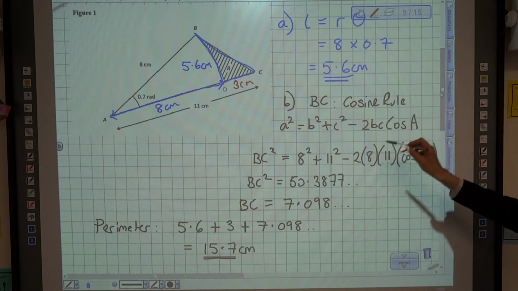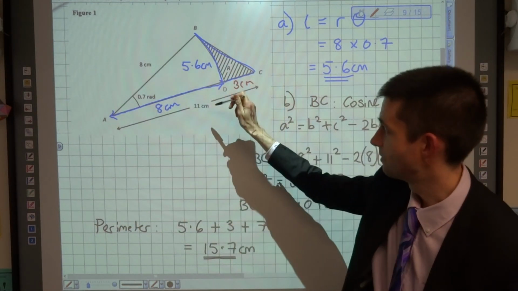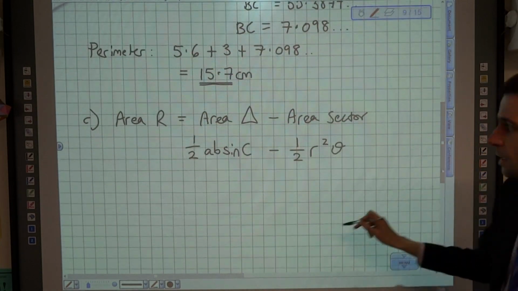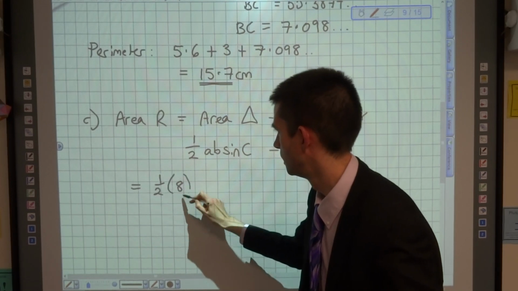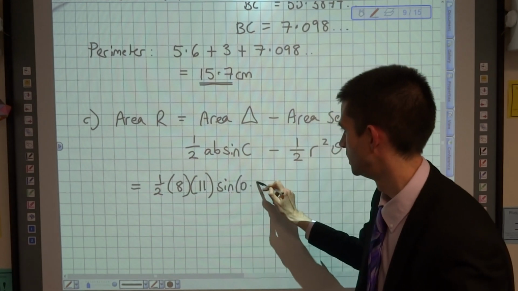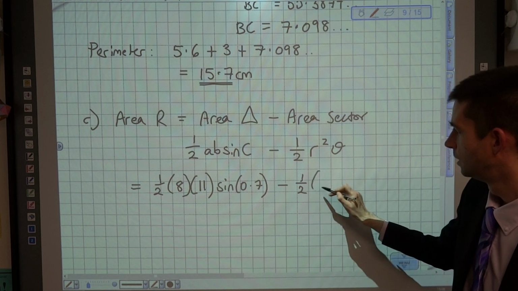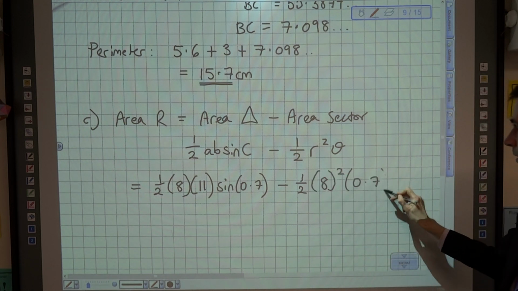Going back to the diagram, a and b are the two sides of the triangle, so 8 and 11, and 0.7 is the included angle. So that's going to be half times 8 times 11 times sine of 0.7 minus a half, my radius was 8 and my angle 0.7.